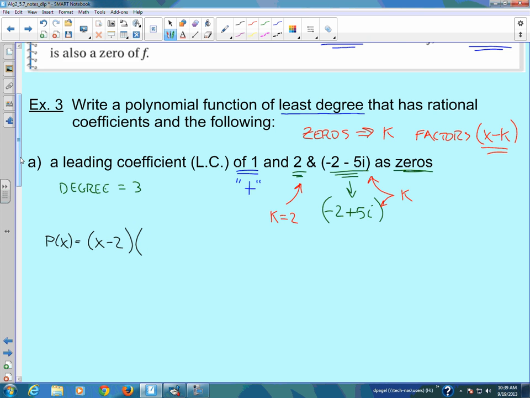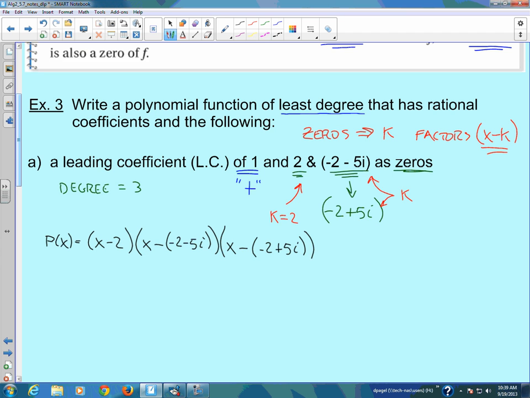So let's talk about the negative 2 minus 5i. x minus that k, negative 2 minus 5i. And then the complex conjugate, the evil twin, negative 2 plus 5i.